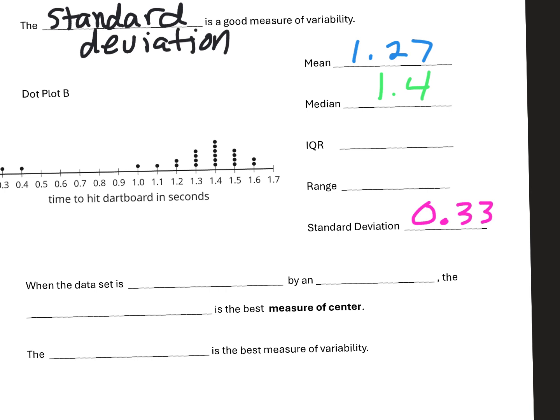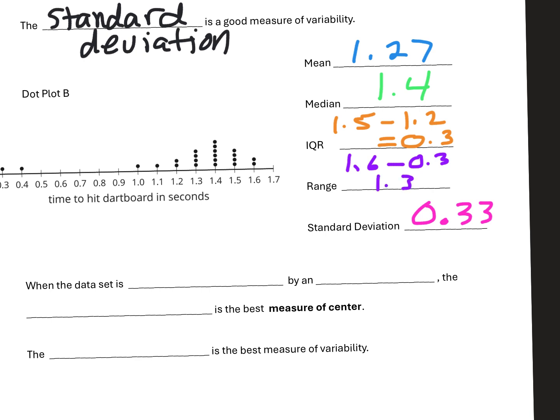And then to calculate the IQR, I did my Q3 minus my Q1, which was 1.5 minus 1.2. So that's going to be 0.3. And then finally the range, our maximum minus our minimum, is 1.6 minus 0.3, which means that our range is 1.3.